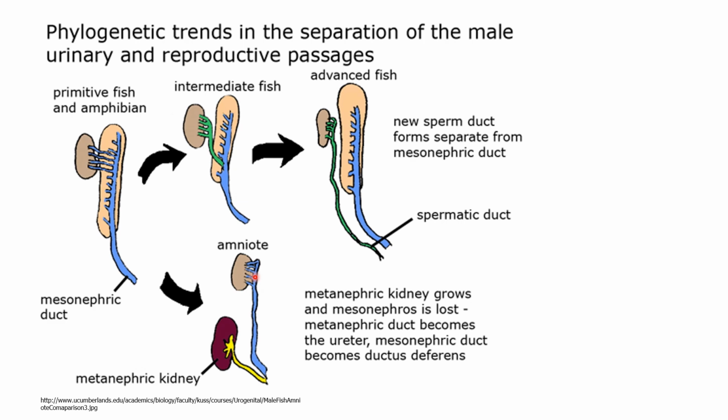As a derived feature, teleost fishes have a separate spermatic duct or testicular duct, which is not derived from the mesonephric duct. The mesonephric duct, the blue one here, only serves the kidneys of teleosts.